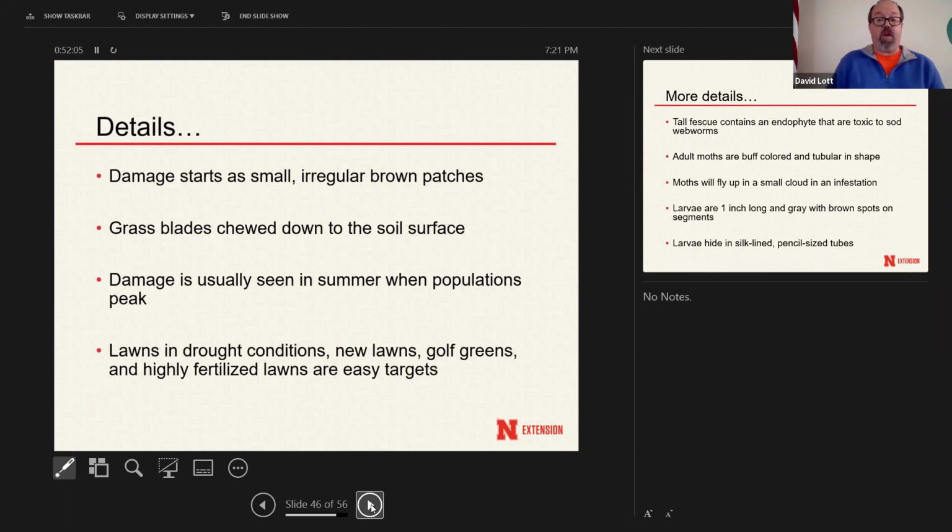And this is different from the armyworm. The damage is usually seen in summers when the population peaks. So you may see a problem one summer and you may not the next. They kind of go in cycles. When a population builds up is when you see the damage and when you need to treat, and then you can go away from it if you don't have a problem again.